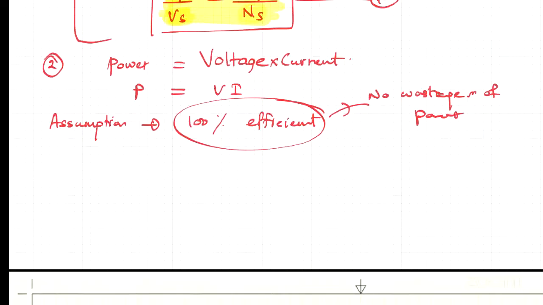If it is 100% efficient, then we can say the input power will be equal to the output power, right?